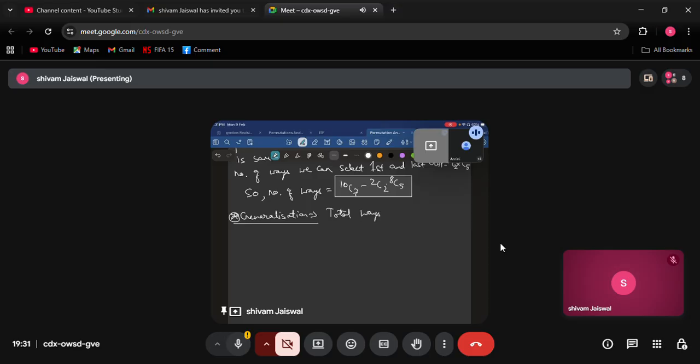Total ways to select R out of n people in a round table, so that no two of them are consecutive.